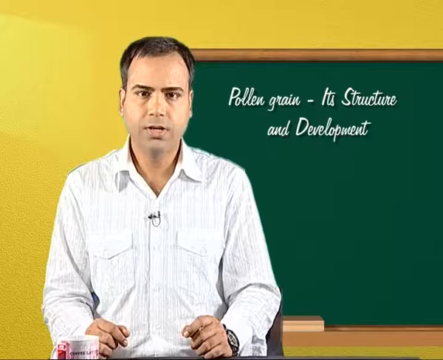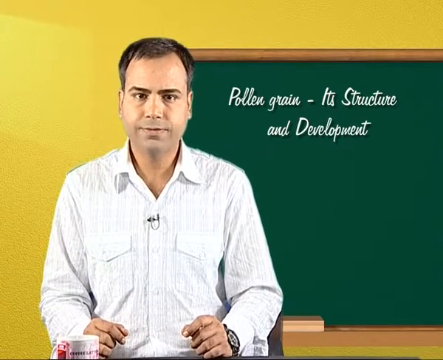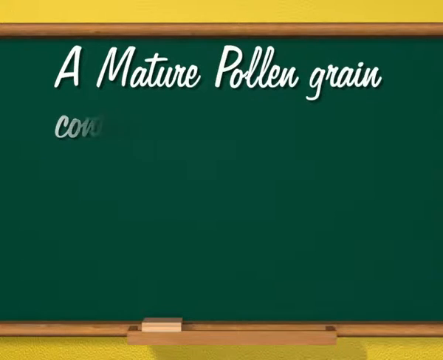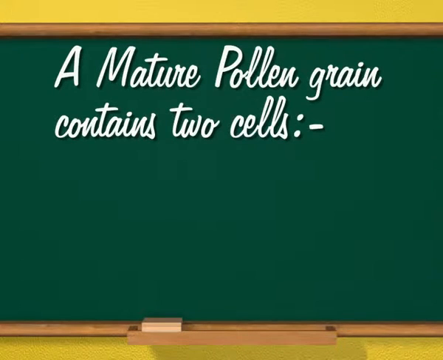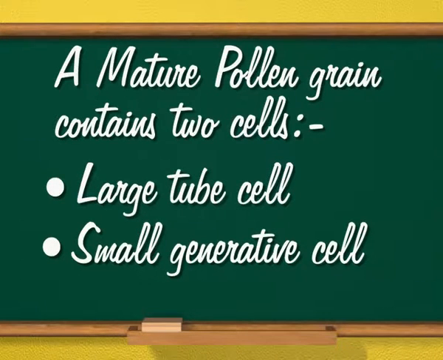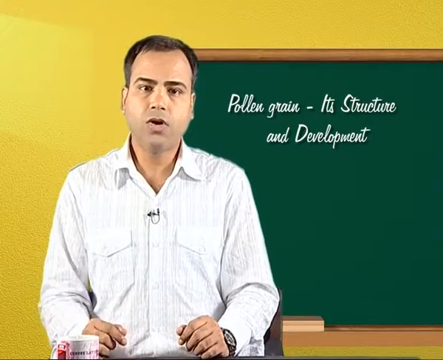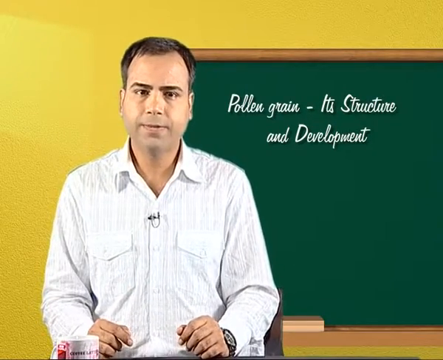Next question, name the cells which are present in a mature pollen grain. And the answer is a mature pollen grain contains 2 cells, large tube cell and small generative cell. My next question, name the wall or covering of pollen grain.